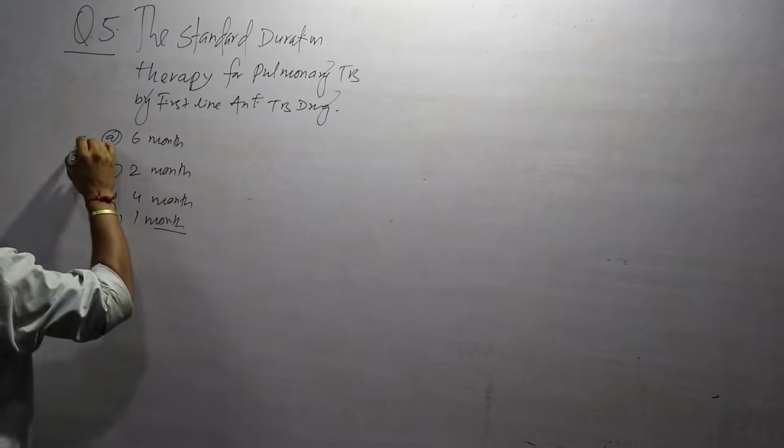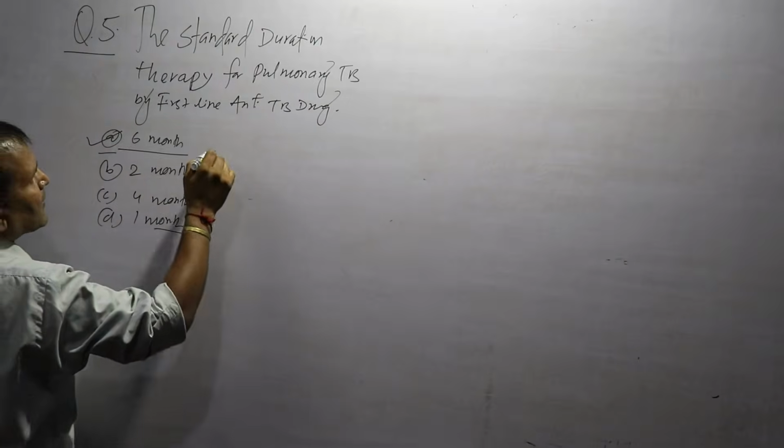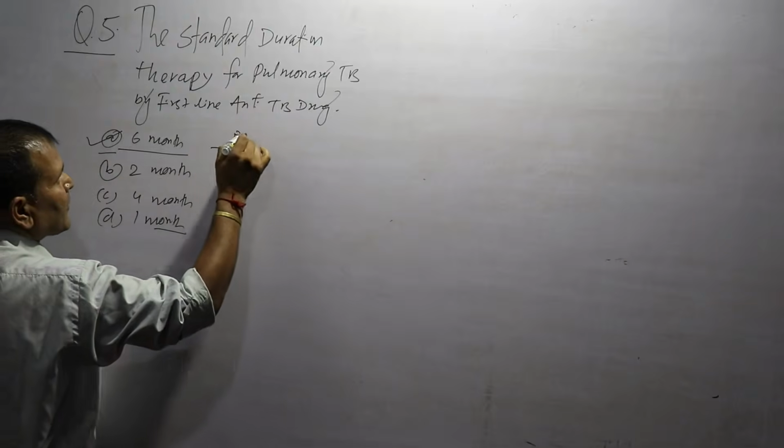The standard duration for pulmonary TB is 6 months. It is divided into 2 phases.